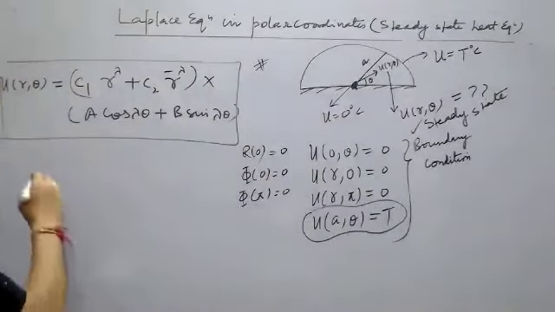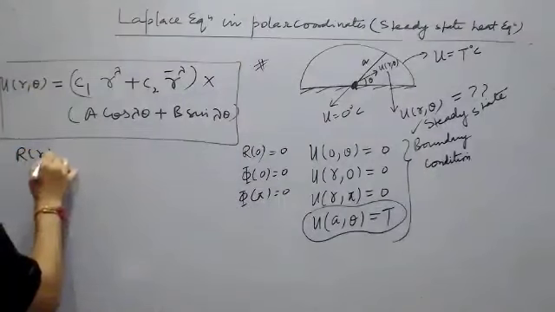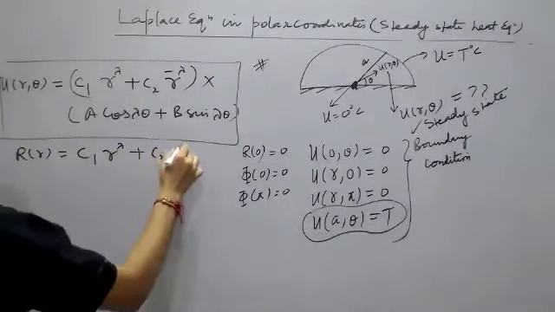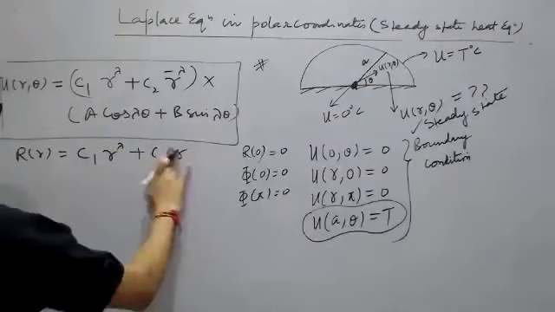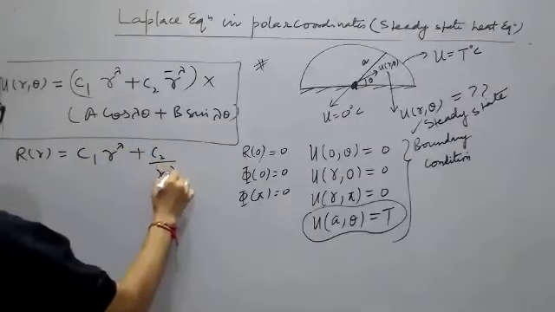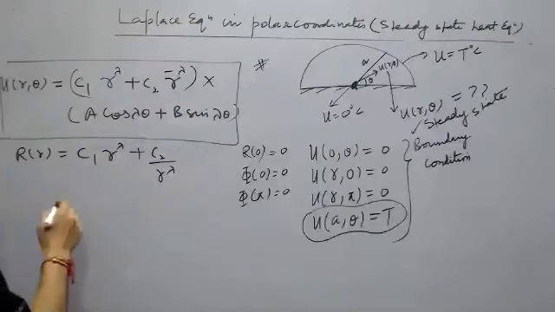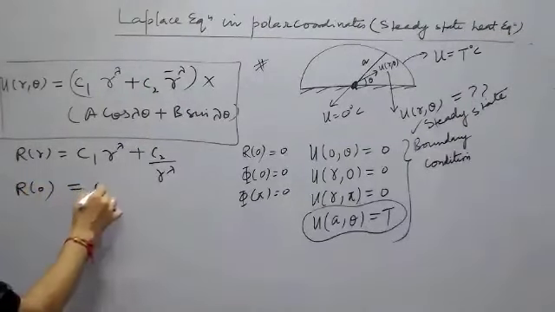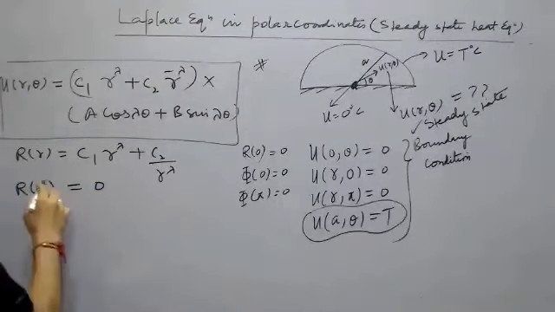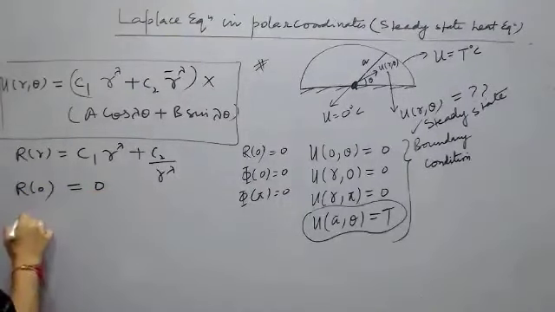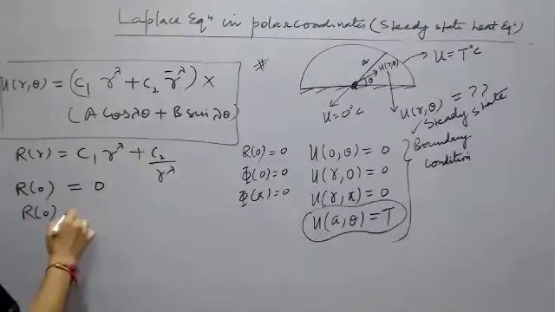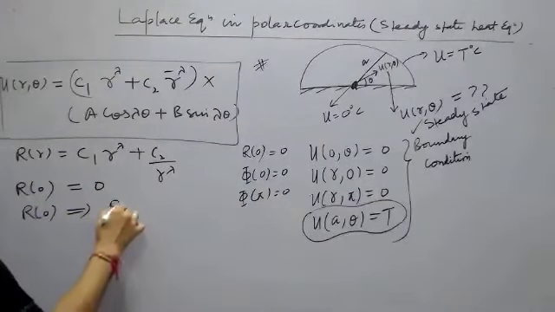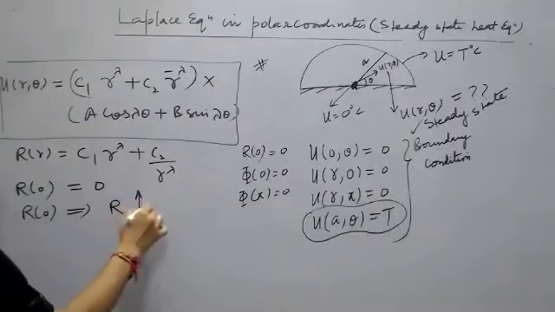So R of r is given by c1 r to the power lambda plus c2 r to the power minus lambda. So they are saying that if r is 0, it should become 0. But if I put r equal to 0, this gives me infinity.